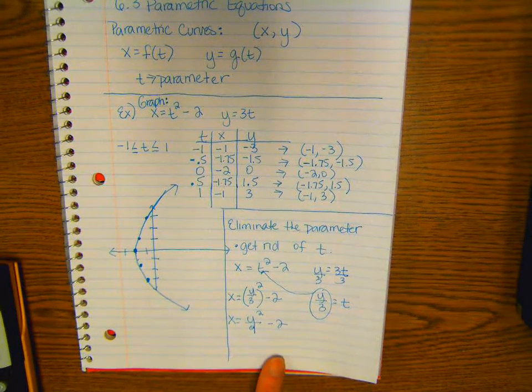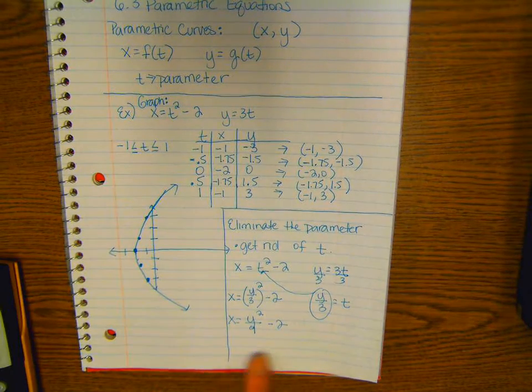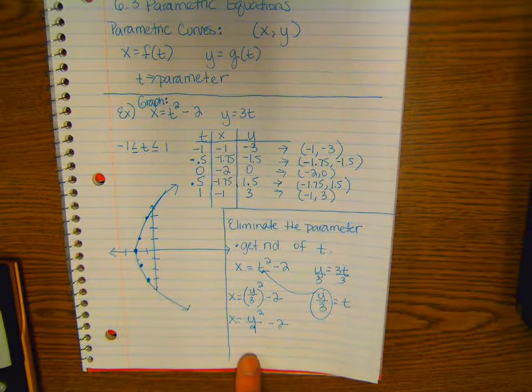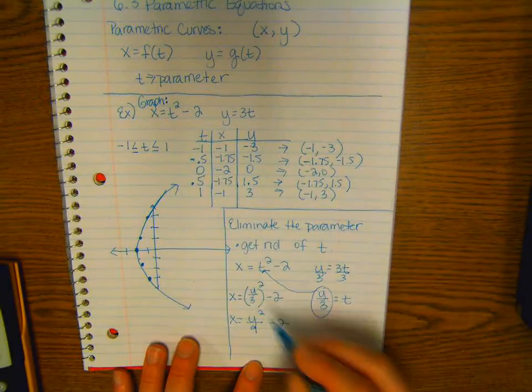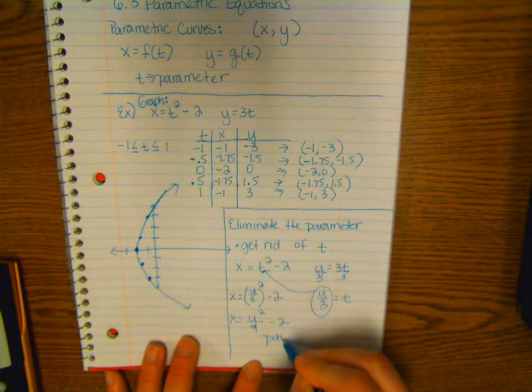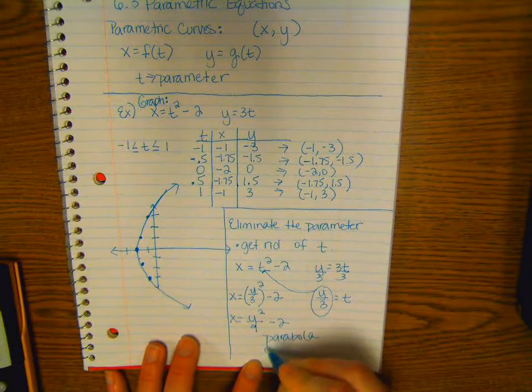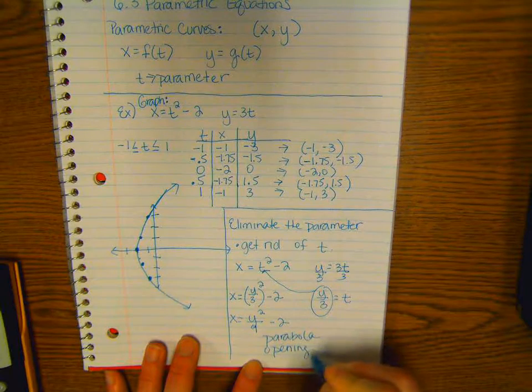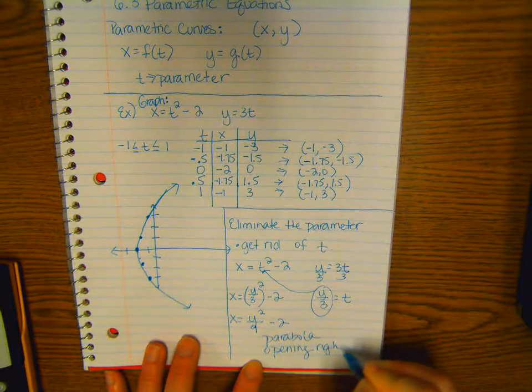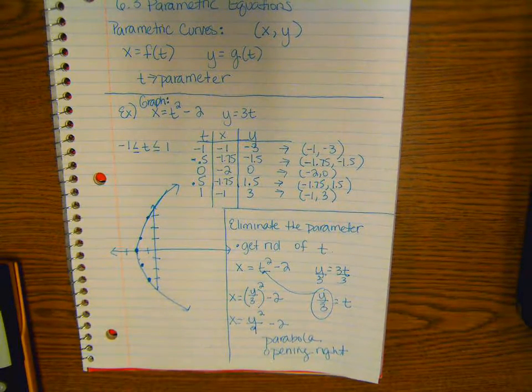And so if we were to graph that, now using ordered pairs, you would get the same thing. So that's really how parametric equations work.